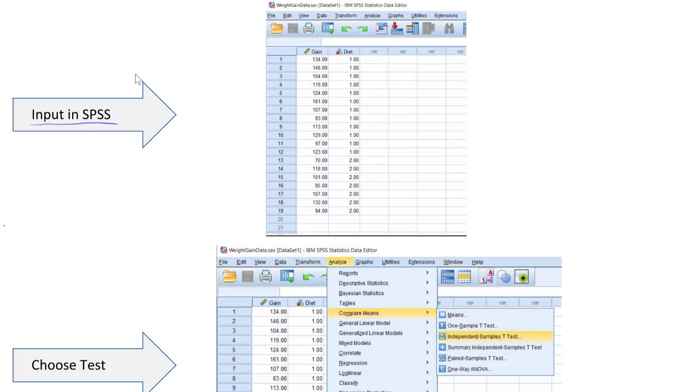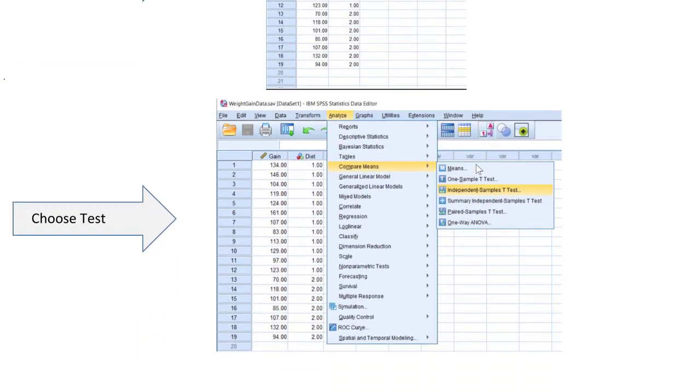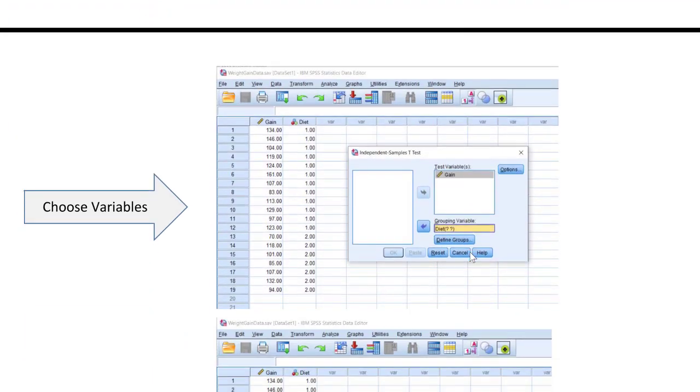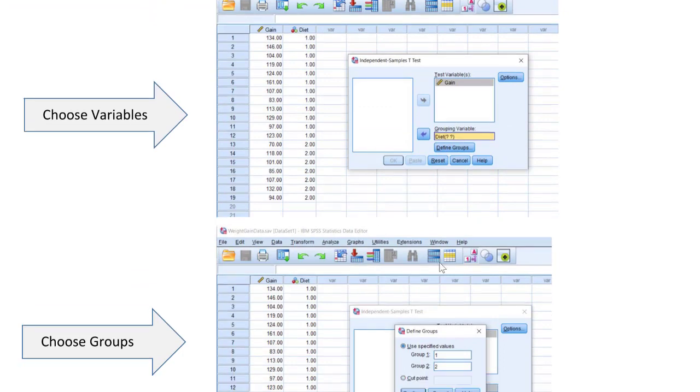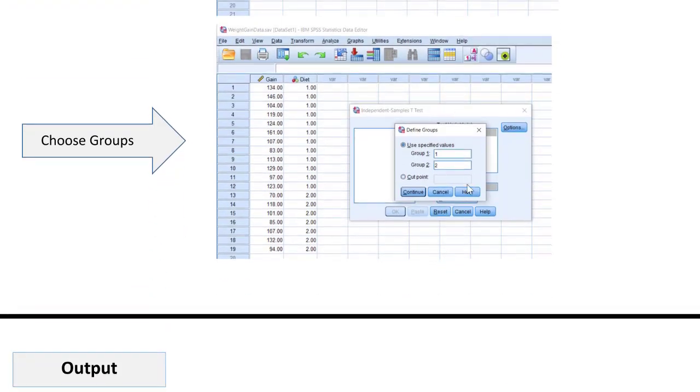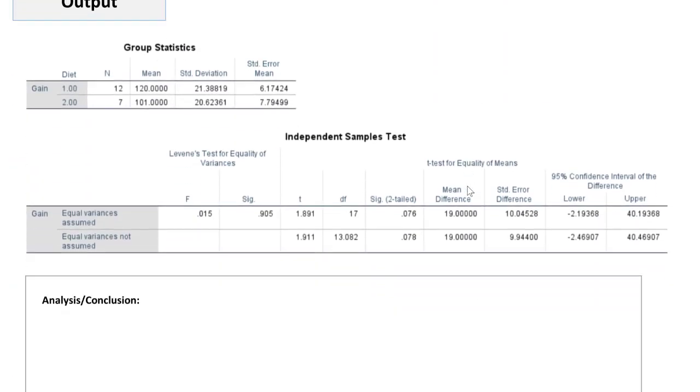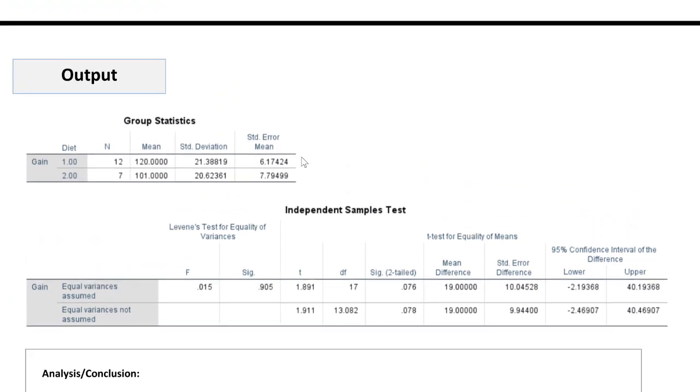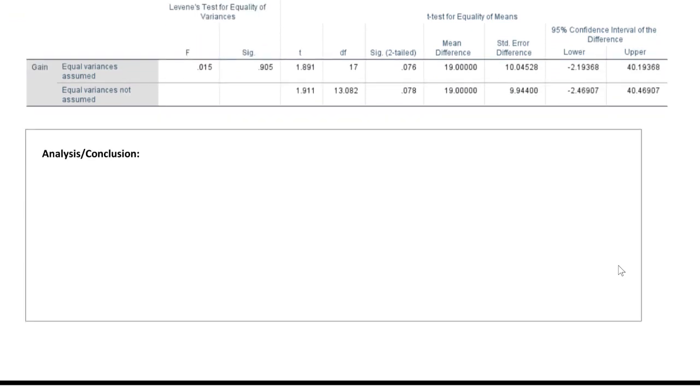Let's just recap. We input the data. We chose the test, the independent samples t-test. We chose the variables, where to put them, and how to define the groups. And then we got this output here. Now let's break it apart and make a conclusion from here.